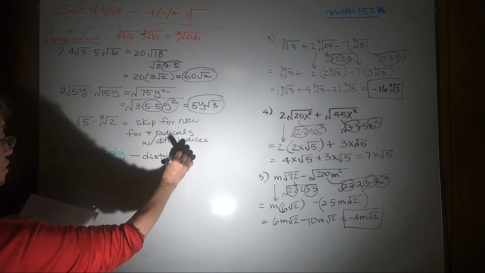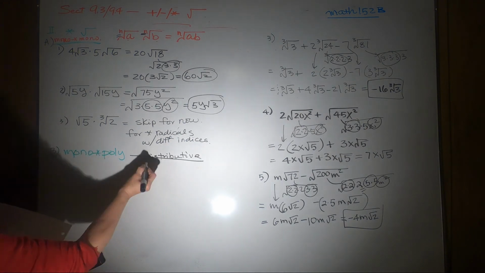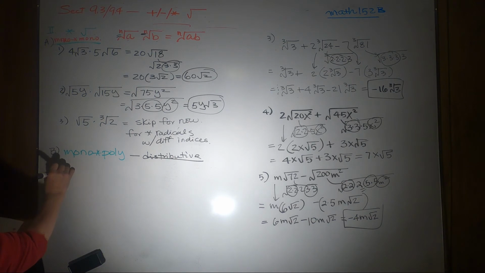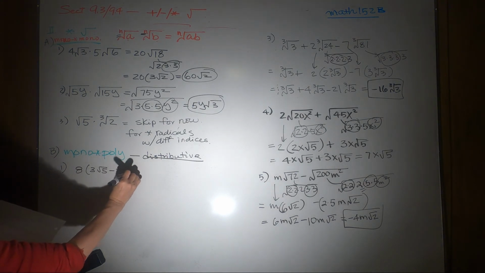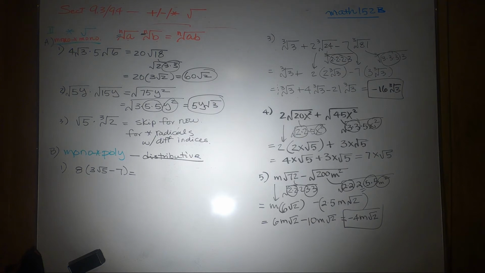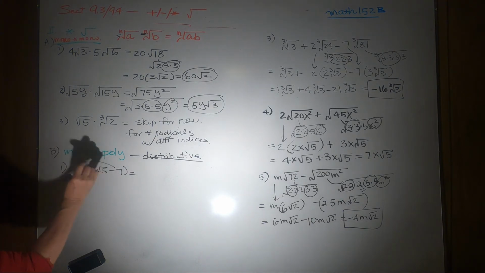We use the distributive property, right? So if we have this, one term times 3 square root of 5 minus 7, two terms, we distribute them.